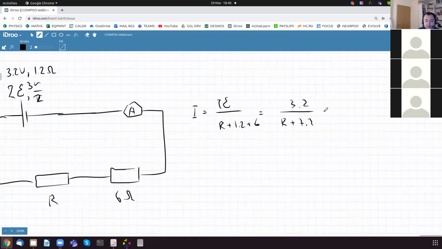And we know the current is 100 milliamps, which is 0.1 amp. And from here, we get R, 0.1 R plus 0.72 equals 3.2. R is equal to 3.2 minus 0.72. And then times 10 is going to be 24.